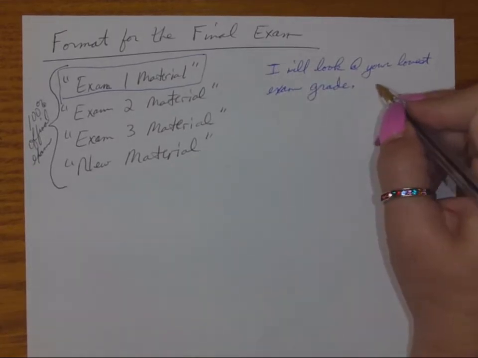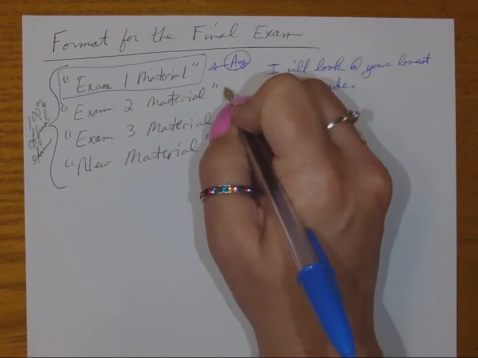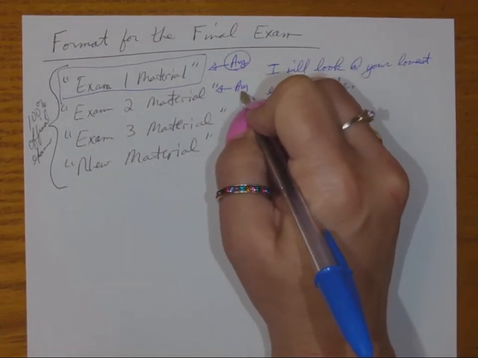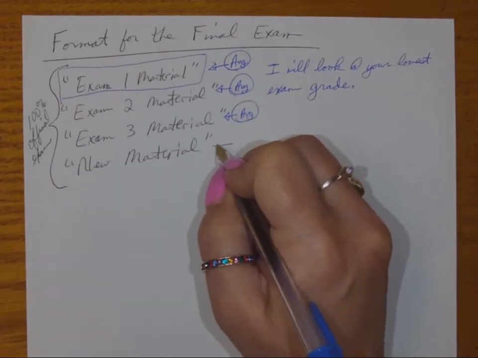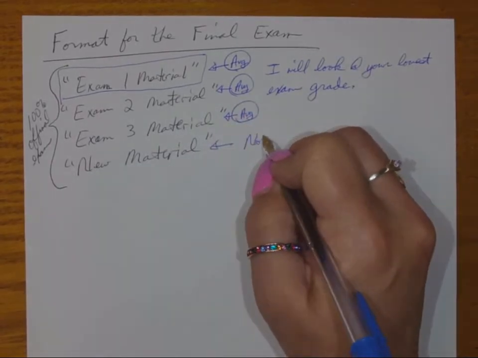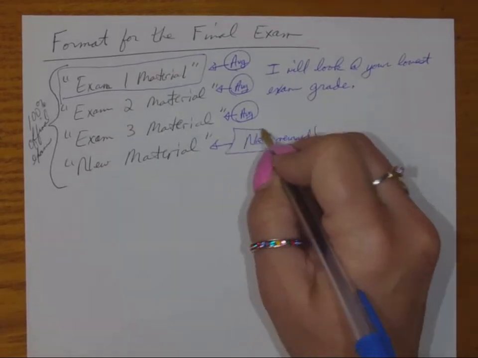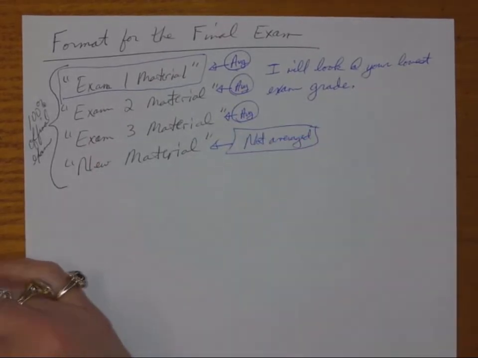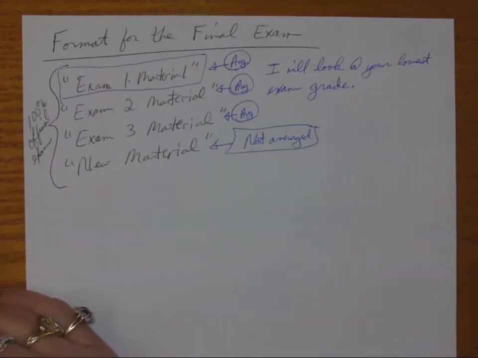And then what I do is I will find an average grade for exam 1, and I'll find an average grade for exam 2, and I'll find an average grade for exam 3, and the new material is not averaged. Okay, so for instance, if your lowest test was exam 1, maybe you missed it that day, maybe you were sick, maybe you were in a car accident, something like that, but for whatever reason, you never were able to take exam 1.